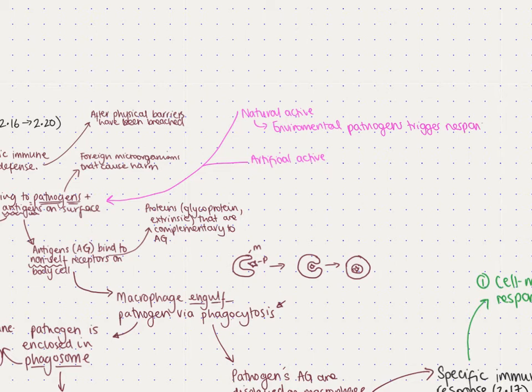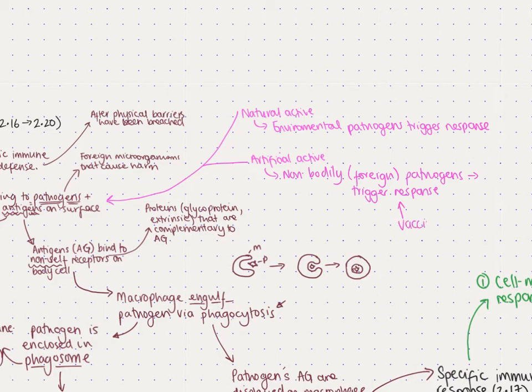And again, that artificial active is where non-bodily or foreign pathogens are going to trigger that response. And this is where we get the activity of a vaccine.